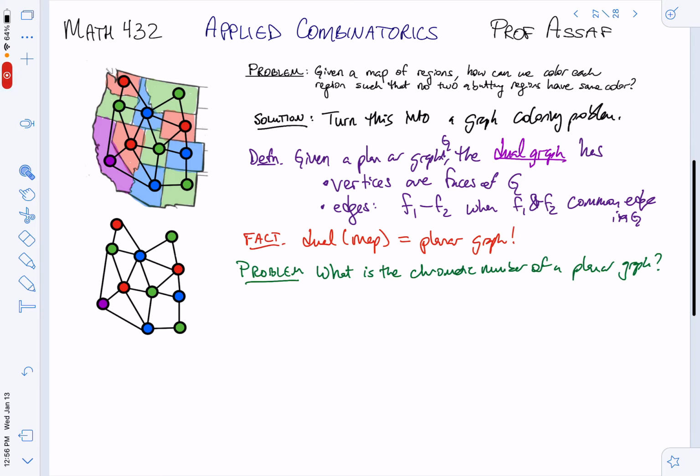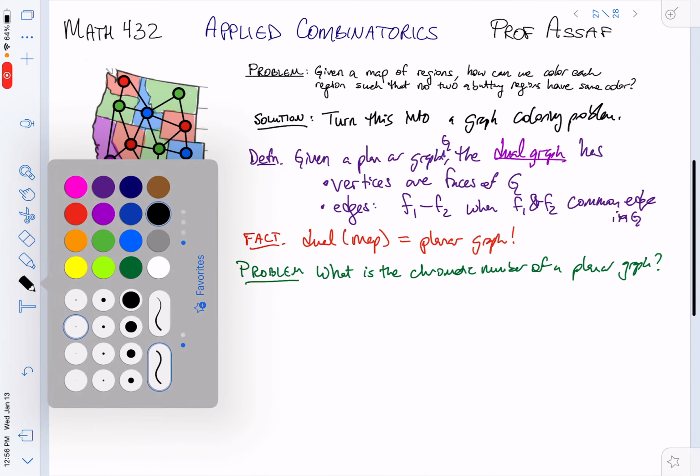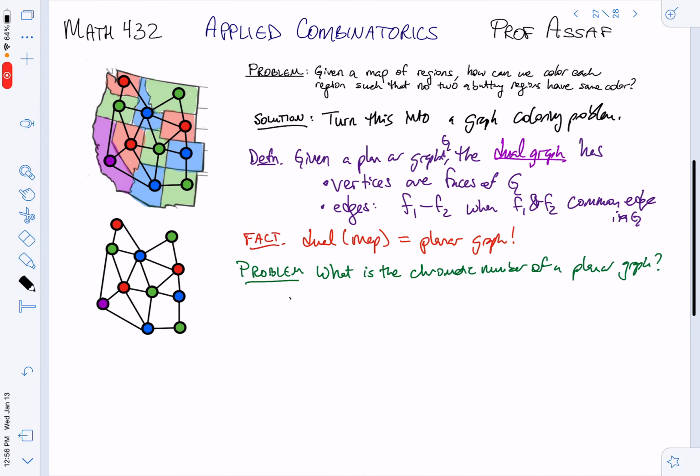Let's look a little more in depth at this planar graph that's the dual of the Western United States. It turns out that I needed 4 colors in the way that I did it. But did I really? Well, if we look up here, we can see that this isn't going to be a bipartite graph. We're definitely going to need at least 3 colors because I have a triangle. Remember that a triangle is always going to force me to have 3 colors. And similarly, I think it's important to note, as an important example, K4.